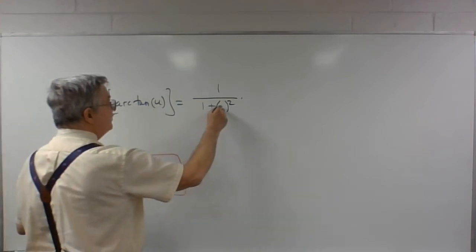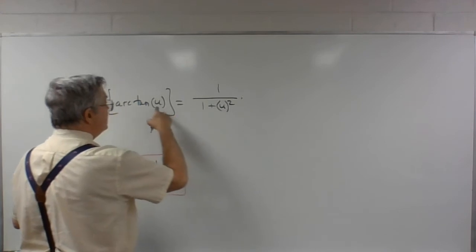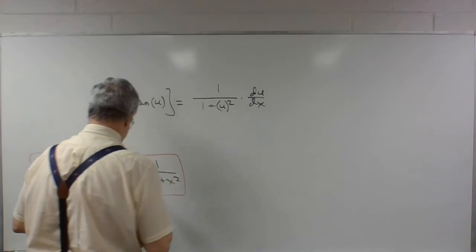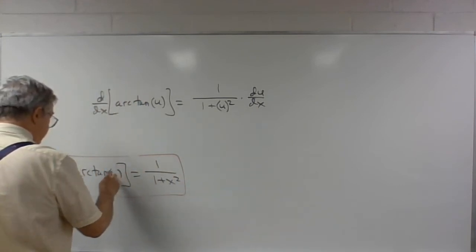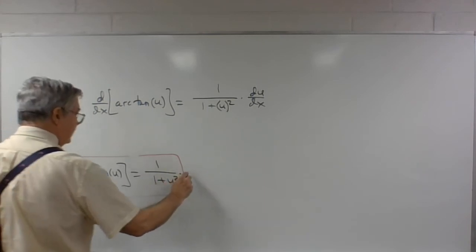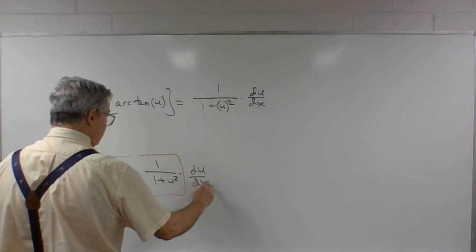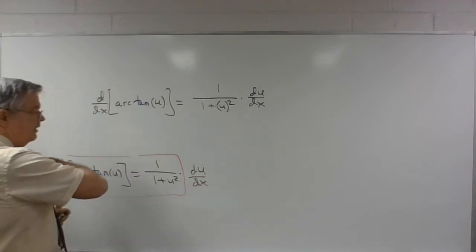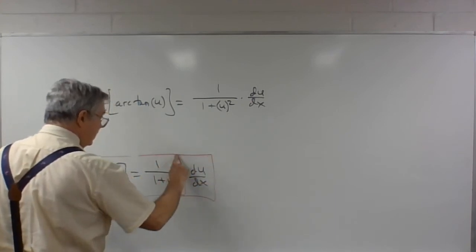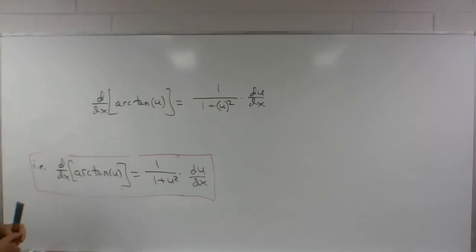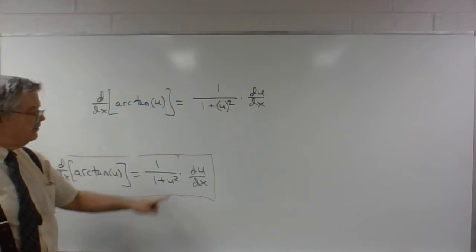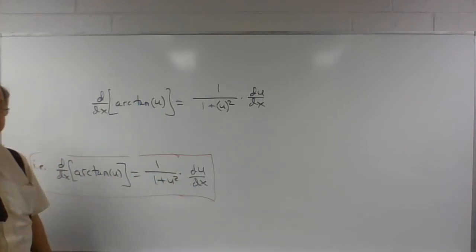We evaluate it at the inner, and then we multiply by the derivative of the inner function. So making allowance for the chain rule, derivative of arctangent u, 1 over 1 plus u squared, times du dx.